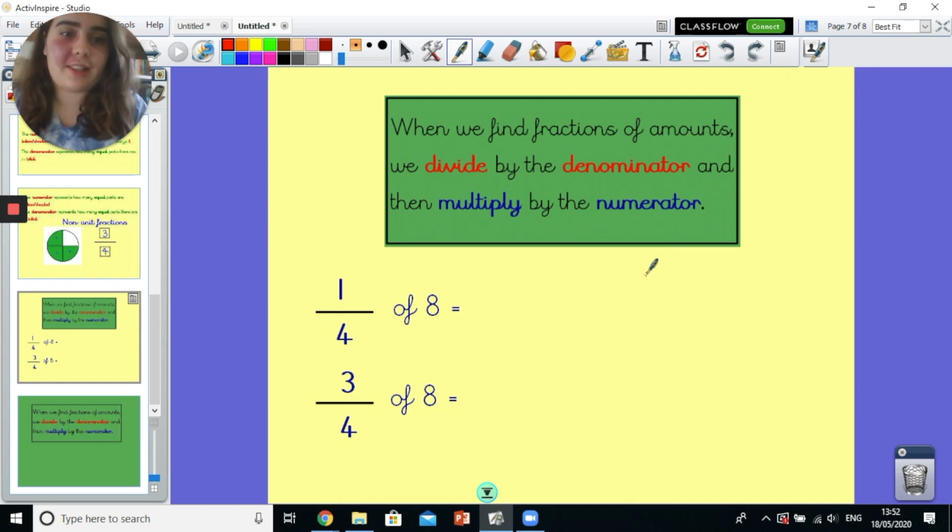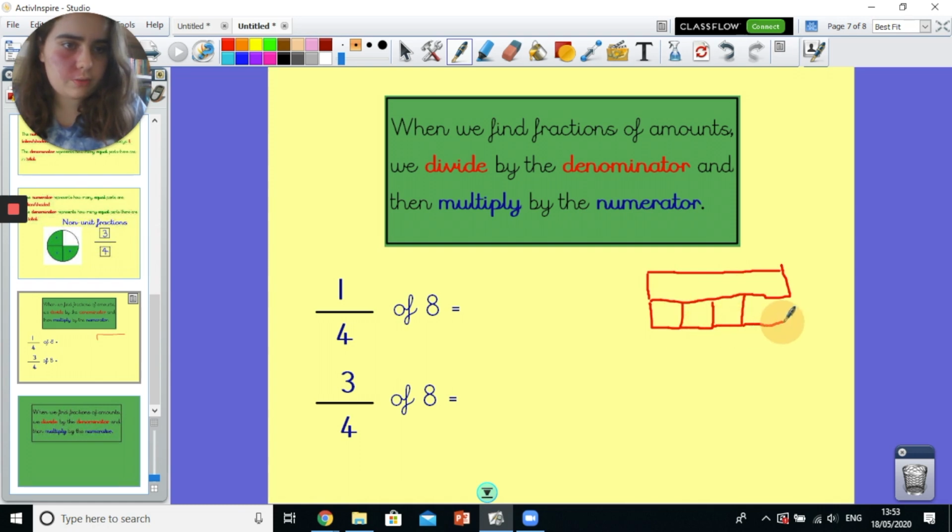So you can visually represent this using something called a bar model. So we can draw a bar like this. 1, 2, 3, 4. You have to excuse my drawing, it's quite hard using a mouse. So in the top bar we've got our whole, which is 8. And we are dividing it into 4 equal parts.